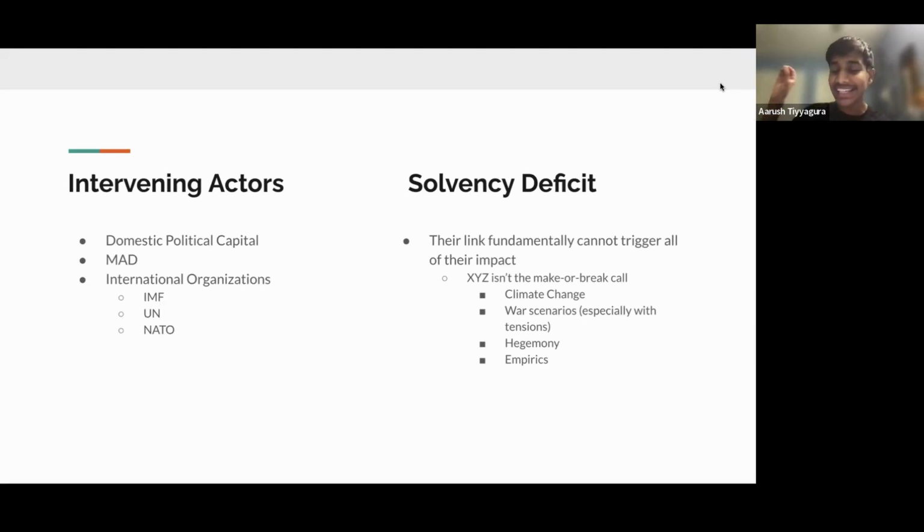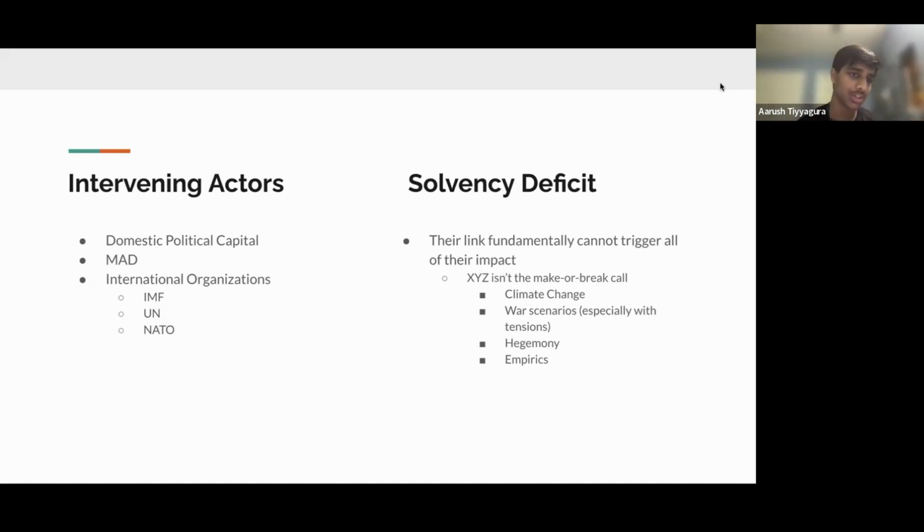The point being that even in a world where the judge believes their entire argument, right? Let's say you had zero prep, you conceded their entire link, then they still shouldn't get access to their impact because other things will solve. And there's a couple other examples of what other things can solve. Domestic political capital, that's basically the argument that even if some politician loses a lot of credibility to make deals on the world stage, they can still pass domestic laws and do good things.